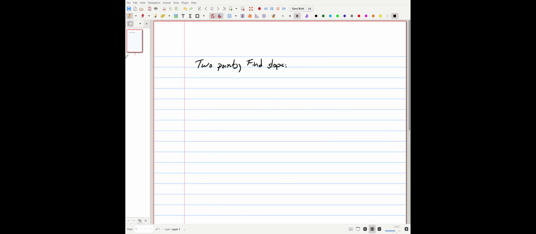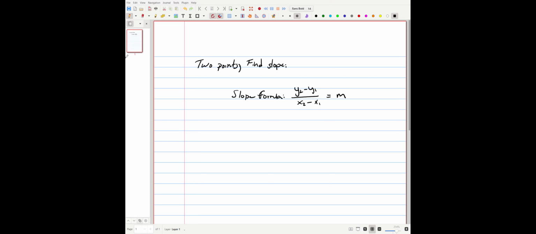And so how do we do that? Well, we do that with the slope formula, which is y2 minus y1 over x2 minus x1. And that's equal to m.